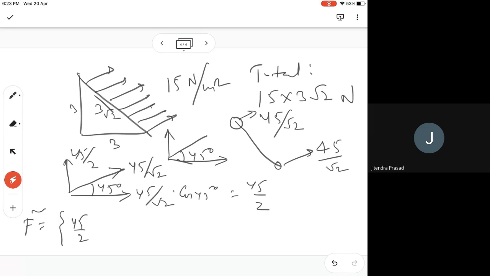Then you get here also 45 over 2, because in this direction 45 over 2, and this direction as well. So 45 over 2 here also, 45 over 2, 45 over 2. And here you get 0, 0 and 0.